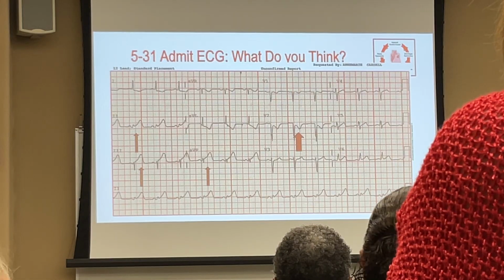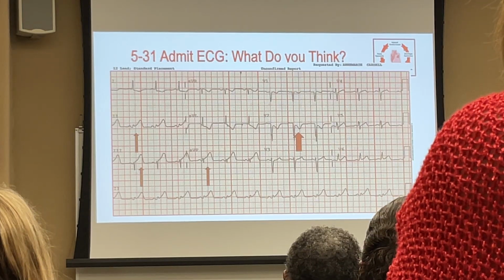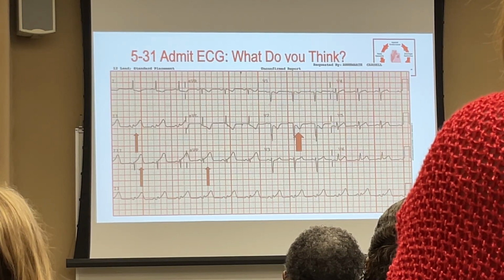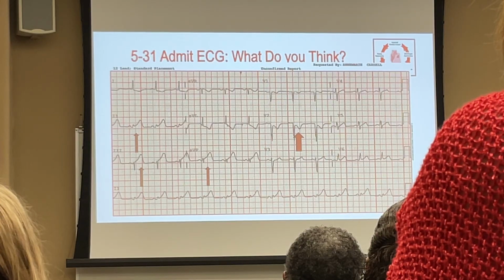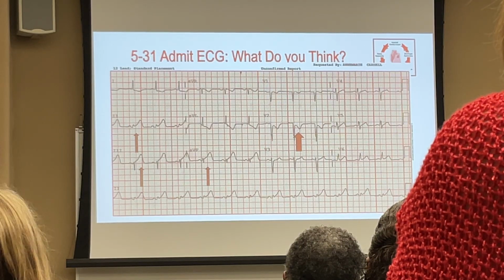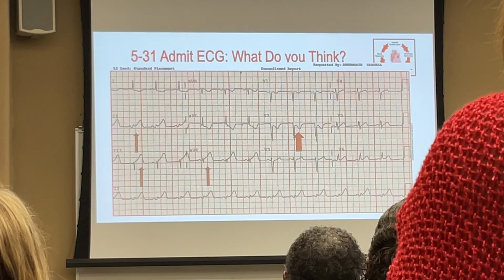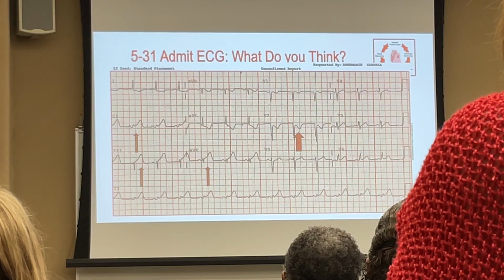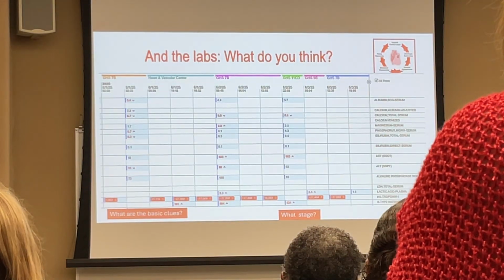So he has a posterior, inferior myocardial infarct, which means he is prone to cardiogenic shock, and it will most likely be right-sided failure cardiogenic shock, because inferoposterior infarcts affect the right ventricle even more than the left ventricle.